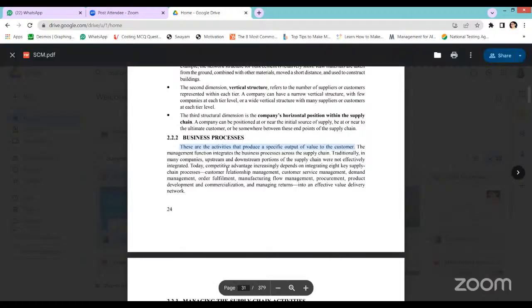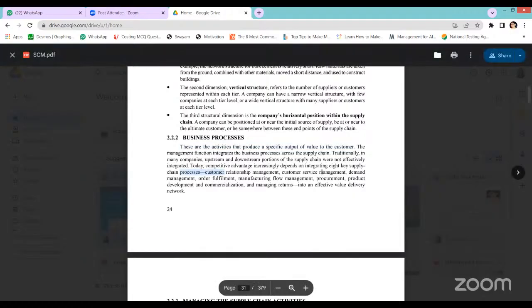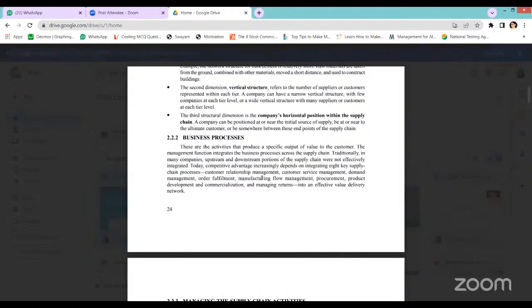Generally, in many companies, the traditional ways are upstream and downstream portions, like moving the goods from the supplier to the wholesaler, retailer. But now the relationship in supply chain management is different. Customer service management, demand management, order fulfillment, manufacturing flow management, procurement, product development, commercialization: all these are related to each other.